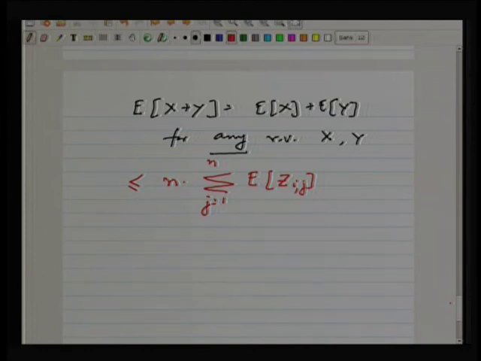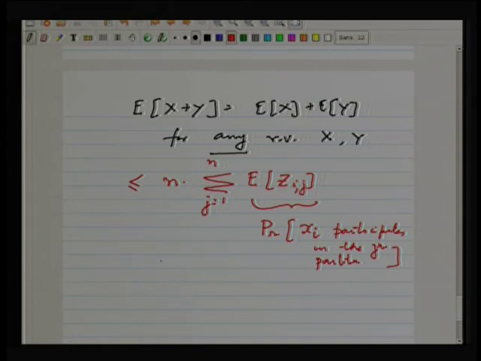And that is nothing but the probability that x_i participates in the jth partition.